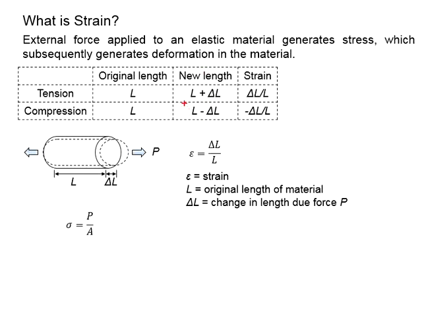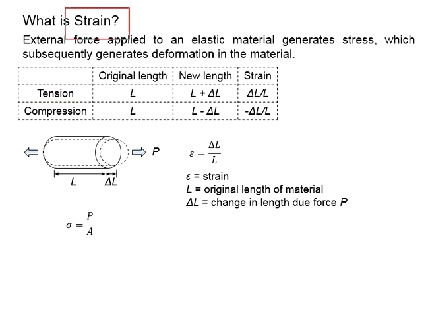Now, the new length will be L minus delta L. For you to quantify the strain, you are quantifying the ratio between the shortening length and the original length, which is delta L per L. The negative value here represents shortening of the member. So, if you see a negative sign for the strain, you know that it is undergoing compression.